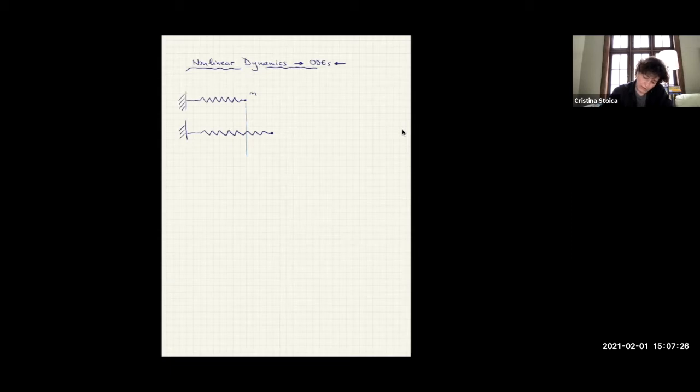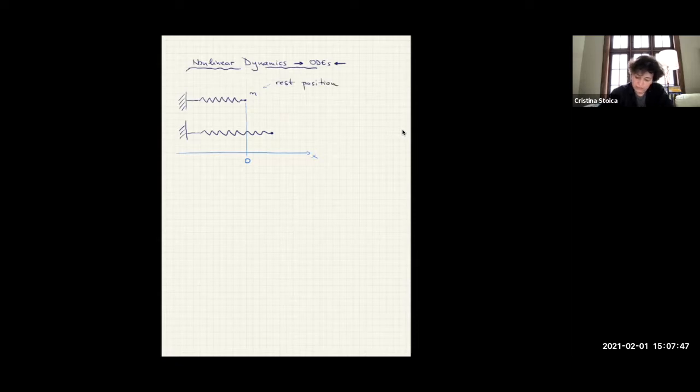Let's say we have the axis here, measuring the displacement of this thing. Let's put 0 when it's in rest position. So this would be the rest position, or the equilibrium position.